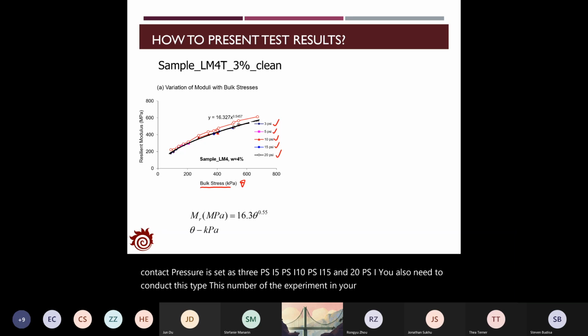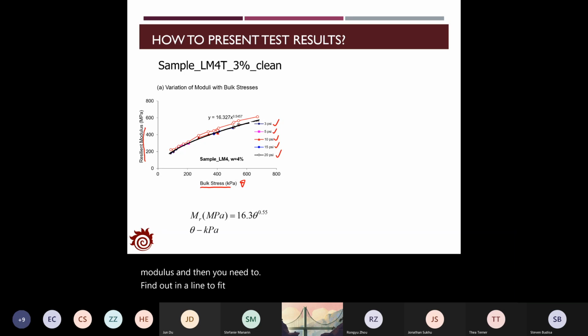And for each bulk stress and each contact pressure, you can calculate one resilient modulus. And then you need to find a line to fit these data points. This figure shows the line which will fit those test results.